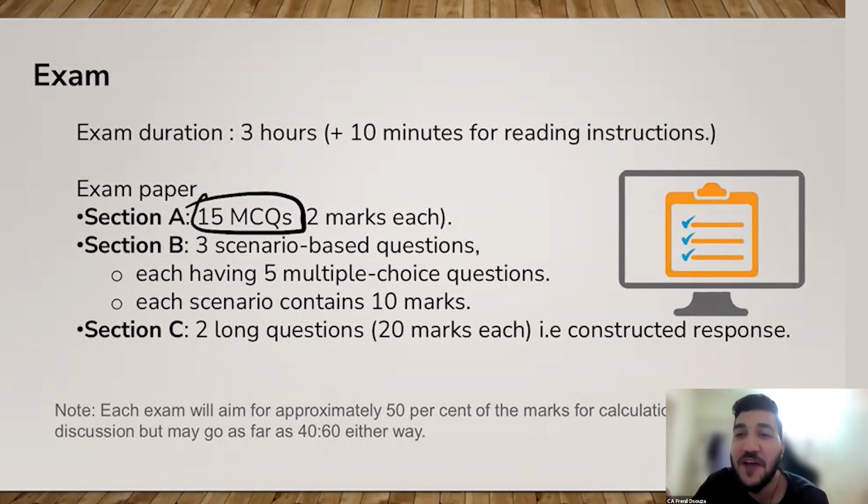There are only so many questions available, to be honest with you, at the performance management level. Or so many types of questions, I can say. One or two surprises are always there in any of the professional examinations, that you know. But if you make a proper effort as per what I say, these 15 MCQs, you can knock out of the park easily. You're going to get these marks without any problem.